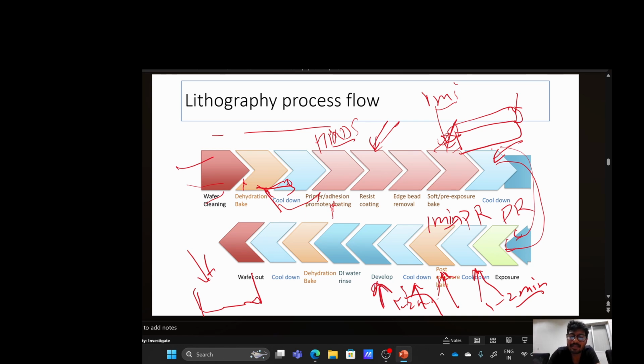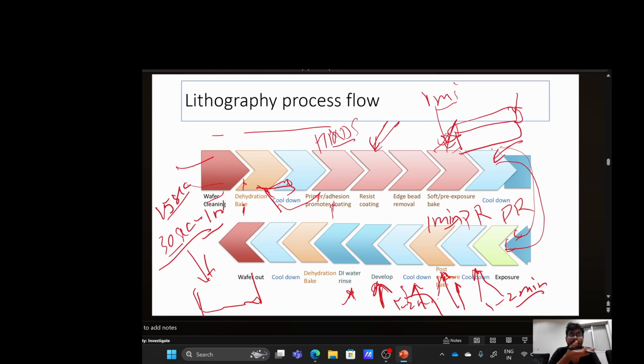After the development step, which takes around 30 seconds to 1 minute, and for some resists around 15 seconds, it also depends on the exposure step: with what energy you are exposing, and for how much time. Then you rinse in DI water to remove the developer.